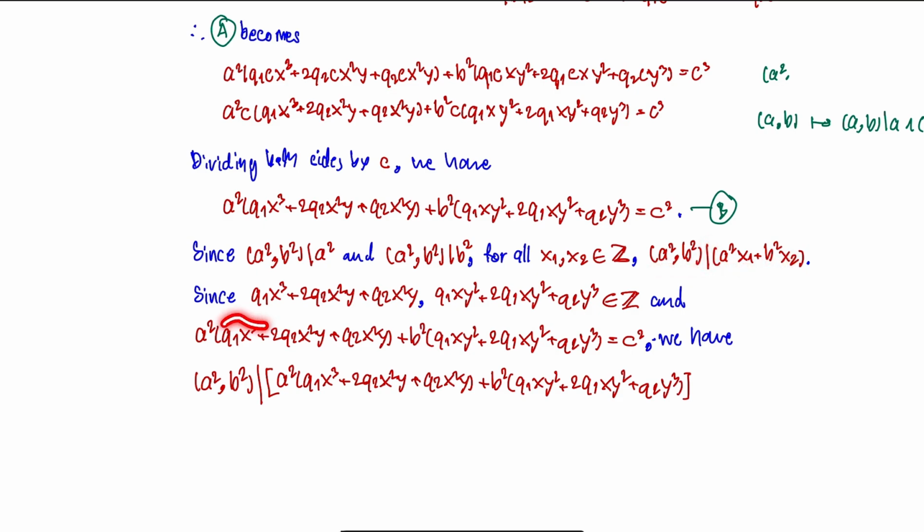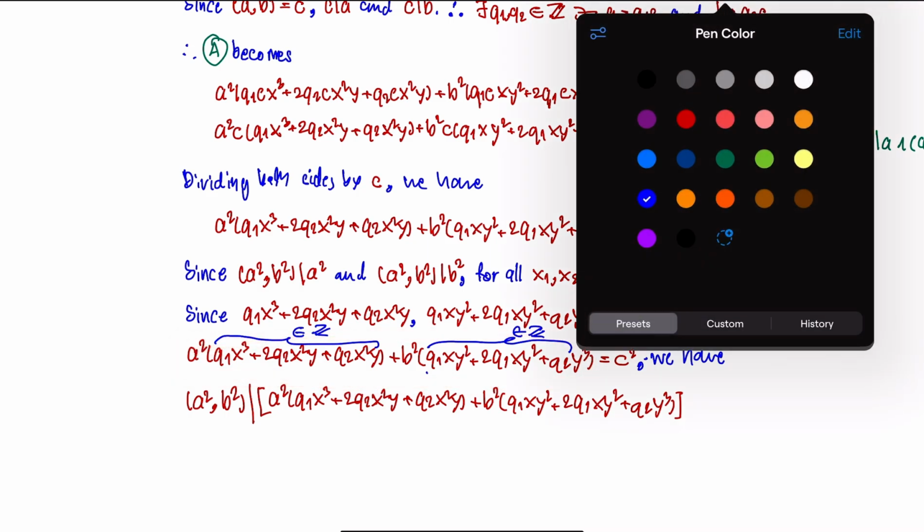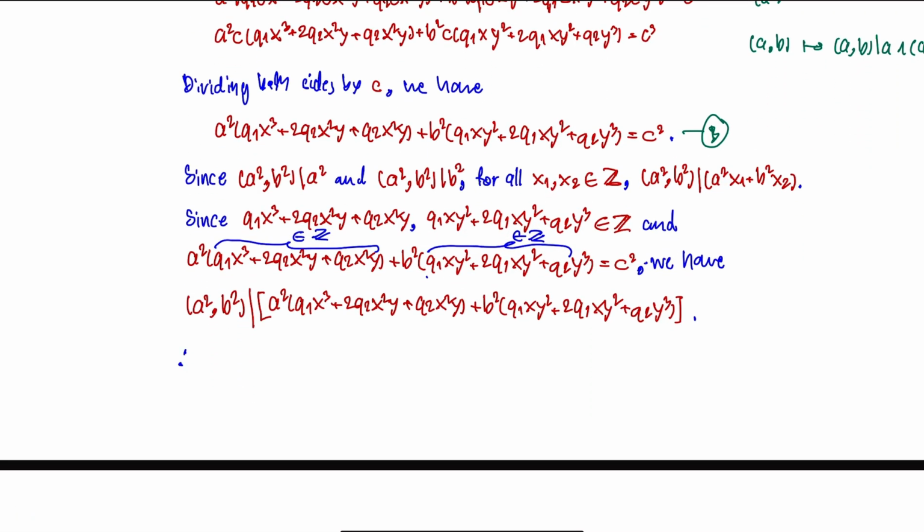These numbers are integers, this integer goes with a squared and this integer goes with b squared. So the greatest common divisor of a squared and b squared divides this term, or we can say that it divides c squared.